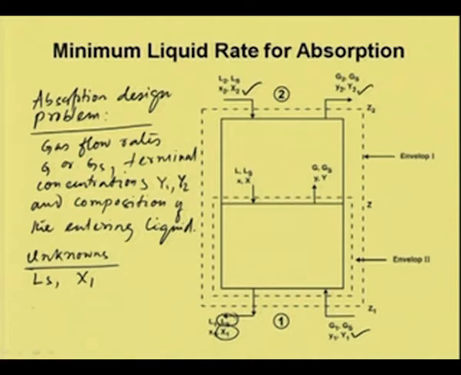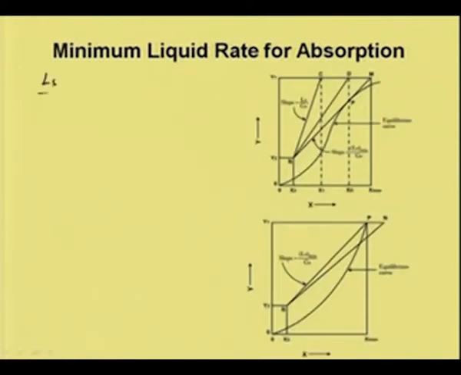Then we can do the overall material balance: Gs into Y1 minus Y2 is equal to Ls into X1 minus X2. From this equation we can write Ls by Gs is equal to Y1 minus Y2 divided by X1 minus X2. So, this is the slope of the operating line.